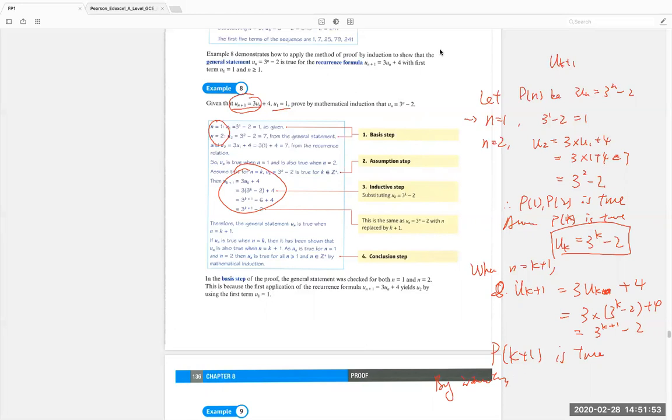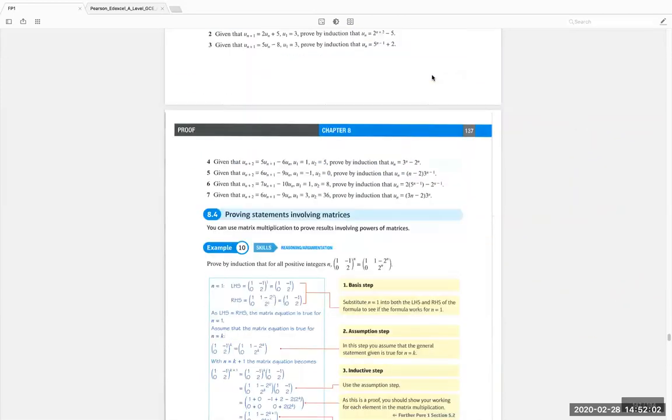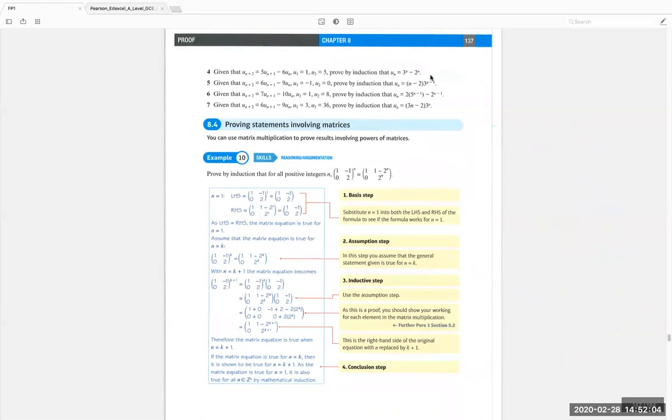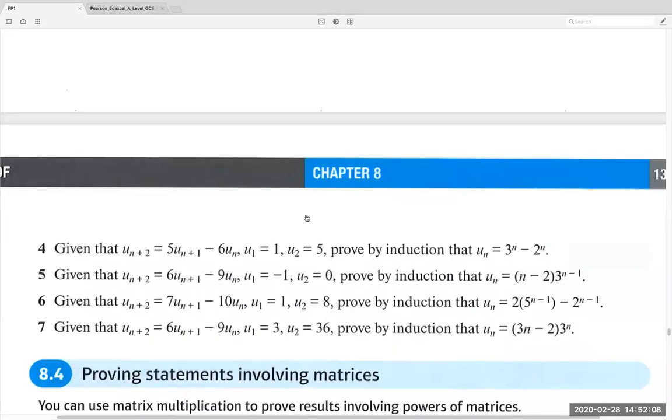I'm a little bit lazy now, I don't want to write down so many things. So let's see. I think it's not too difficult. But can you just do one question? Maybe question 4. See if you can get this result.